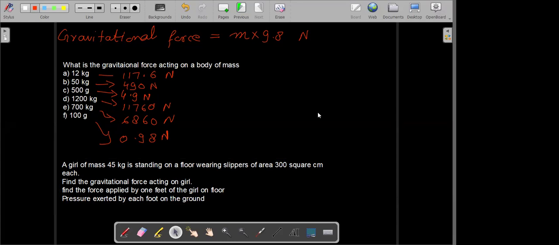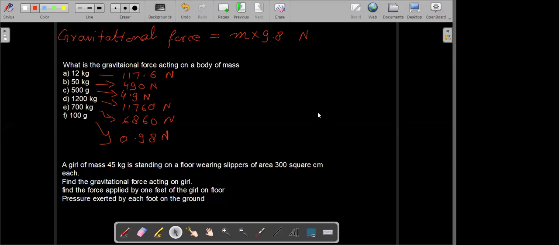Okay, so let's see who all can answer this. The first one, you have to find the gravitational force. So how many of you have found out the gravitational force here? Sir, is it 441 newtons?